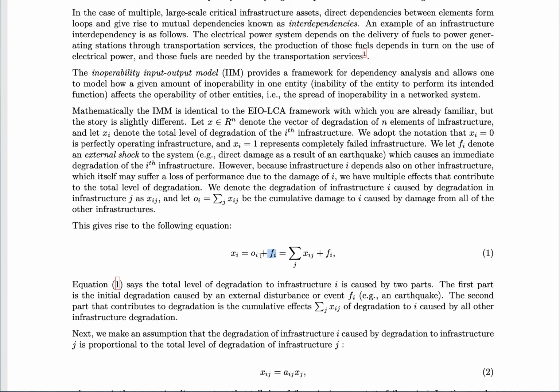That earthquake damages a lot of infrastructure, including the ith infrastructure, but all that other infrastructure that's damaged further damages the power network, for example, and the sum of all of those other damaged infrastructures that also have an impact on infrastructure i will be the cumulative damage oi. So total damage is the direct damage caused by the external source plus the internal damage due to all the other infrastructure operating at a degraded state.